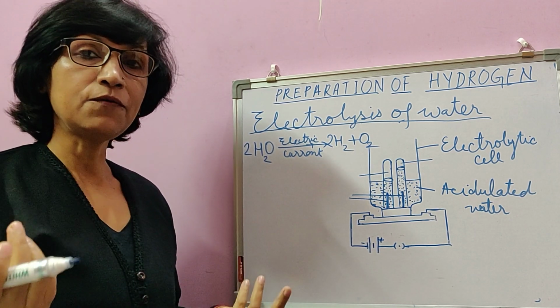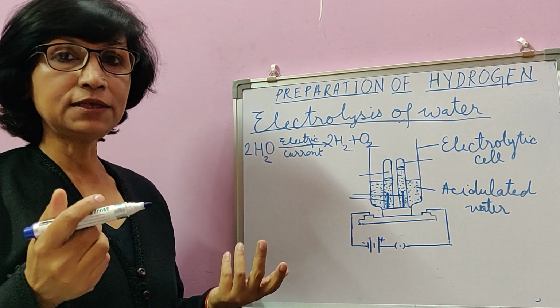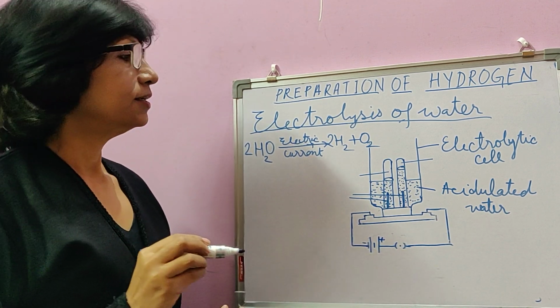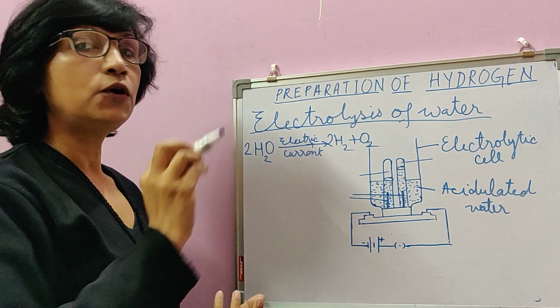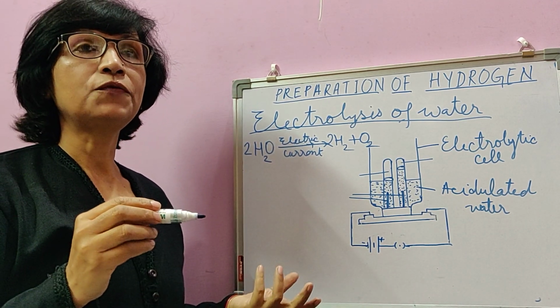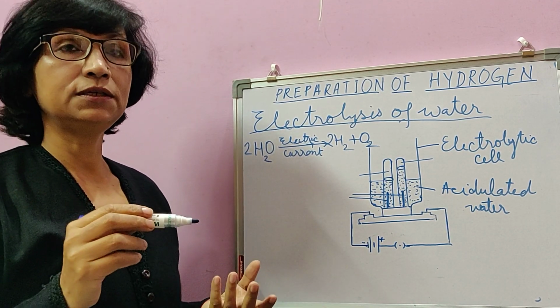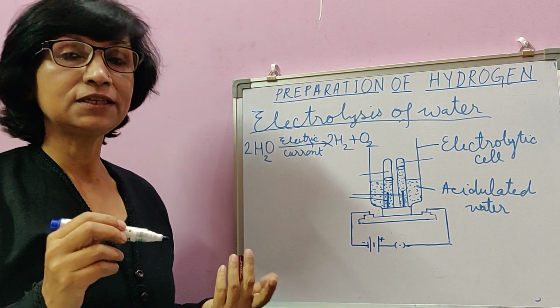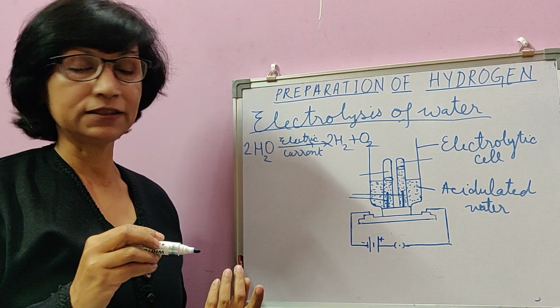So for helping the water to carry or pass the electric current, we add few drops of acid. Water mixed with good conductors of electricity like acids or bases or salts can be a good conductor, but pure water or distilled water is not a good conductor of electricity.